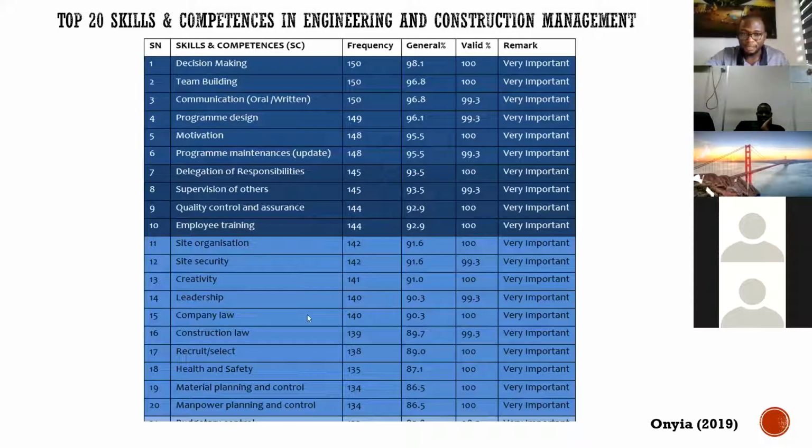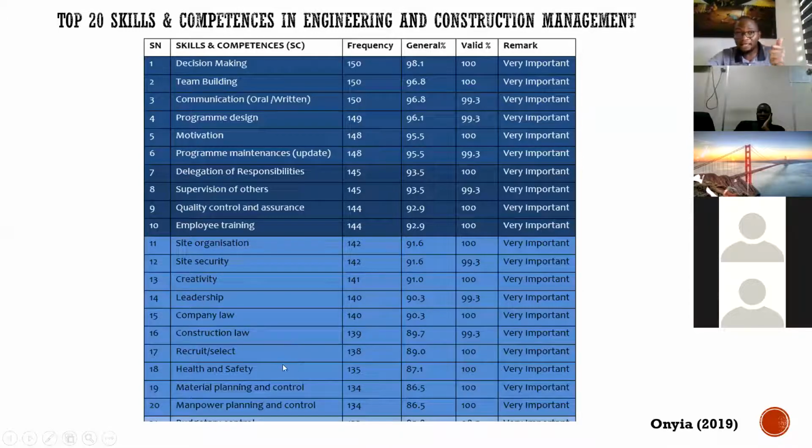Also, health and safety is actually a little bit lower in the ranking. Before, health and safety was a fundamental concern, because about 15 years ago, health and safety was a major, top-notch issue in engineering and construction, but now it's gradually taking a little bit of a backseat, because engineers are looking at innovation now as 2020: innovation, creativity, and other soft skills, leadership soft skills to drive engineering.